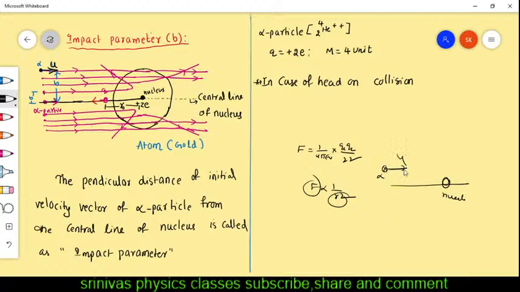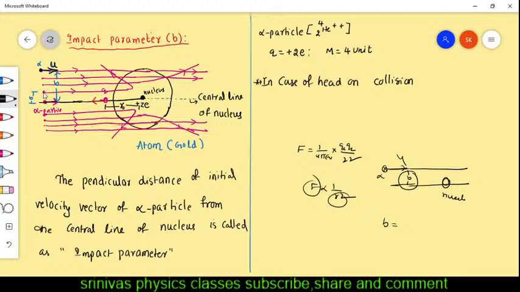The perpendicular distance of the initial velocity vector from the center line is called the impact parameter. This is the impact parameter. Its distance from the central line is called the impact parameter.